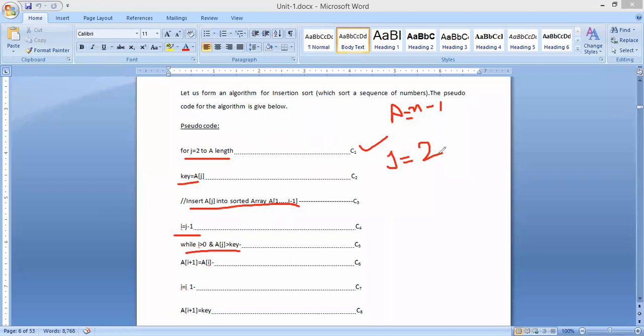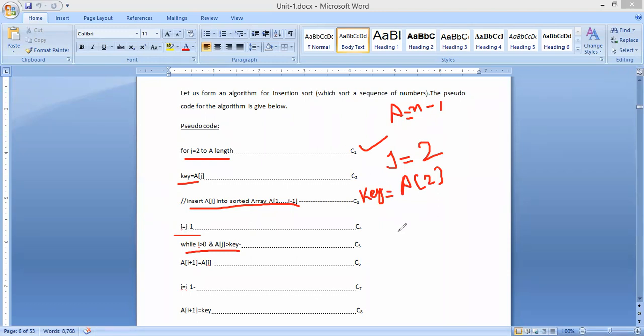Understanding very smoothly? At any point, if something is not clear, just let me know. Then A of J, meaning A of 2, that value is going to transfer to the variable key. And next, I equals J minus 1.